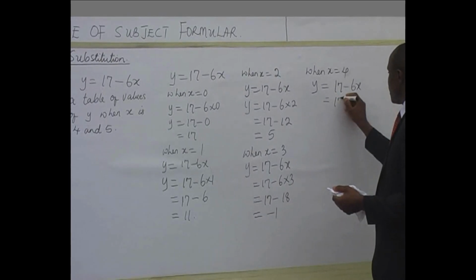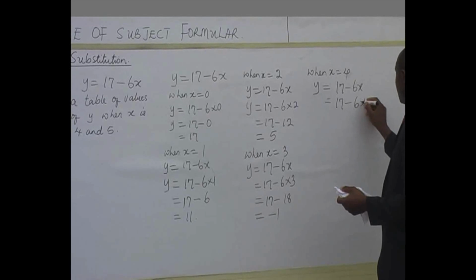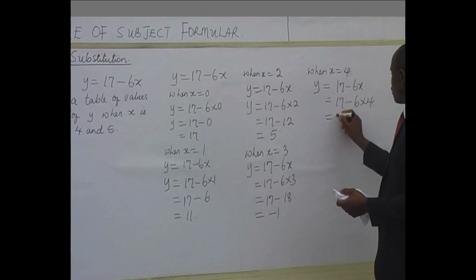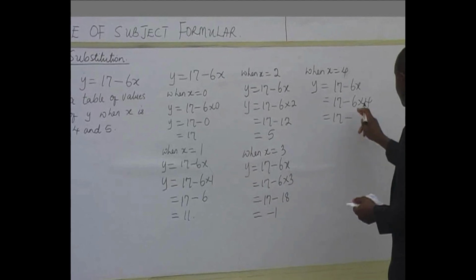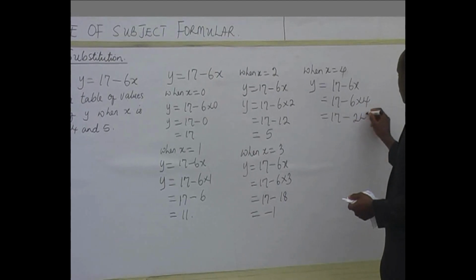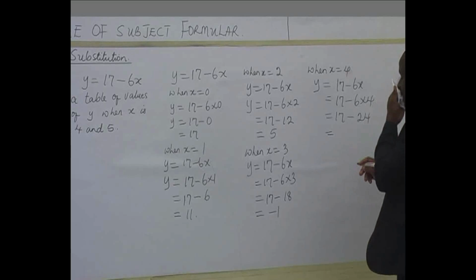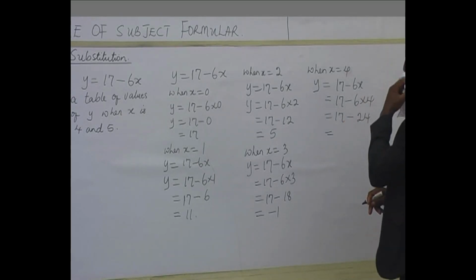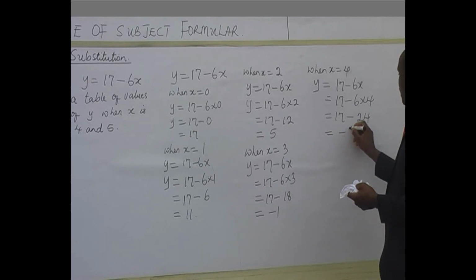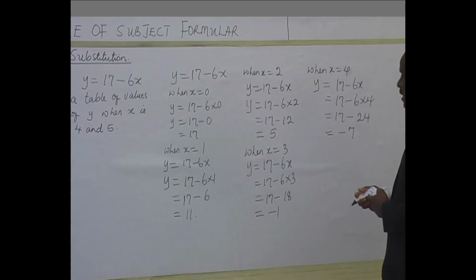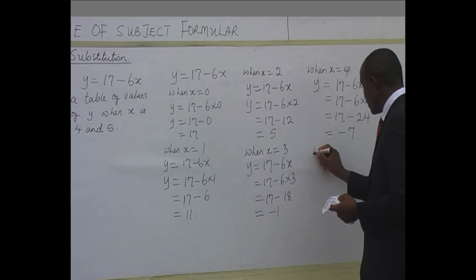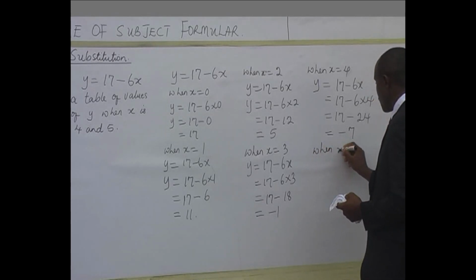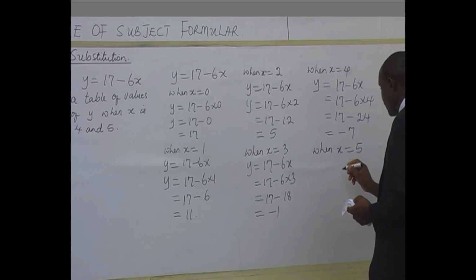You're going to have 17 minus 6 times 4. 6 times 4 is 24. If you subtract 17 from 24, you'll be left with 7. And that 7 is going to be negative 7. The next is 5, which is the last. When x is equal to 5, your equation is y is equal to 17 minus 6x.